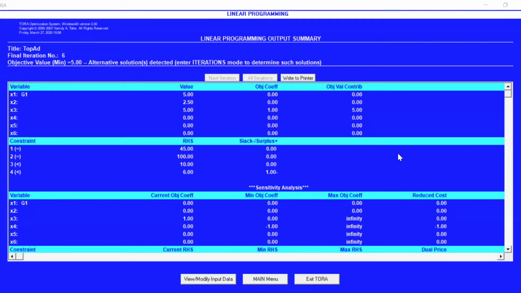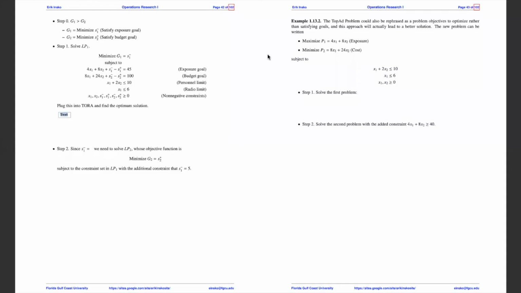And solving for the first LP, we get the solution that we can do x1, which is the radio broadcasting, needs to be 5 minutes. The TV broadcasting needs to be 2.5 minutes, which is our x2.